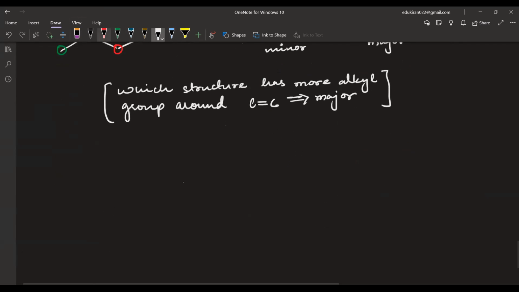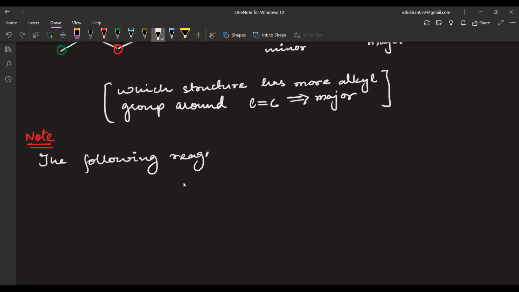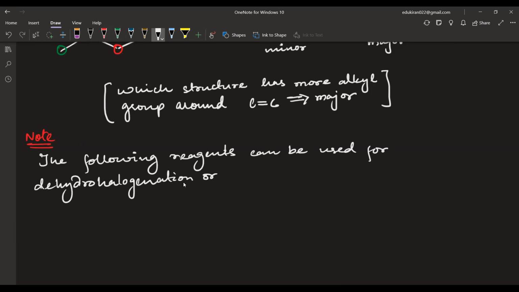Okay. So write a note first. The following reagents can be used for dehydrohalogenation, or the same thing, beta elimination.